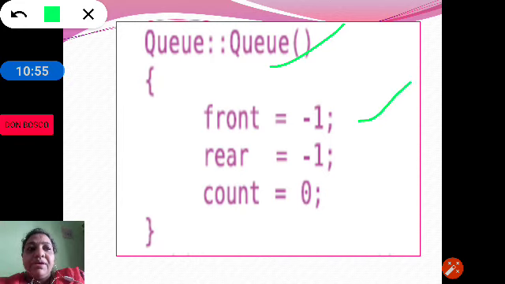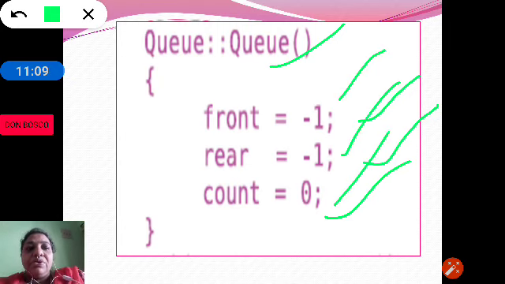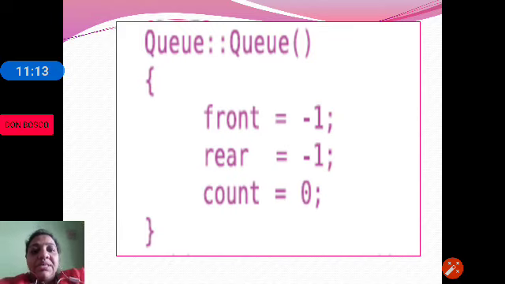So front will become -1, rear will become -1 and count will become 0. Why? That is because an empty queue is initialized.